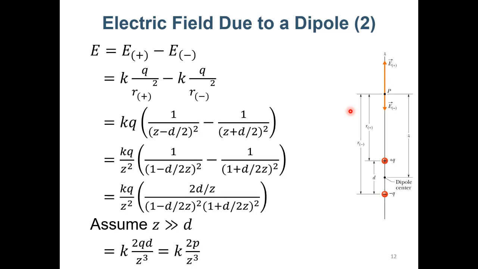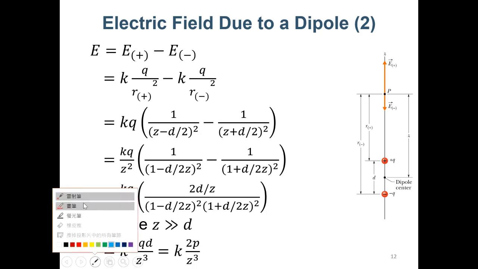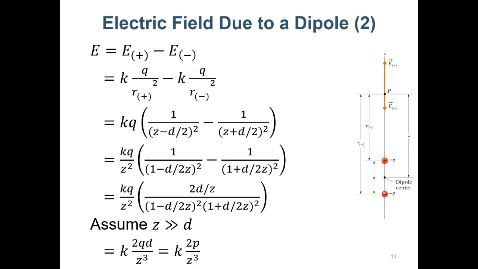So here we show you how to derive that. Actually, this is quite simple, only some algebraic calculation. There are two particles, right? So when you want to calculate the E field at z, you calculate the E field generated by the positive charge, and the E field generated by the negative charge, and add them together, and that's it.